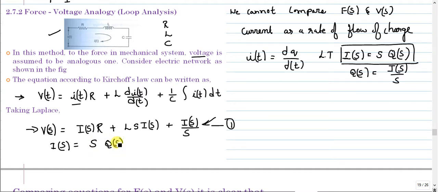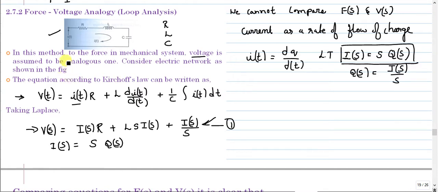So we are comparing F of s and V of s, that is force and voltage. That is the comparison of the mechanical system to the electrical system. So the final equation has to be brought down to the rate of change of flow, like charge.